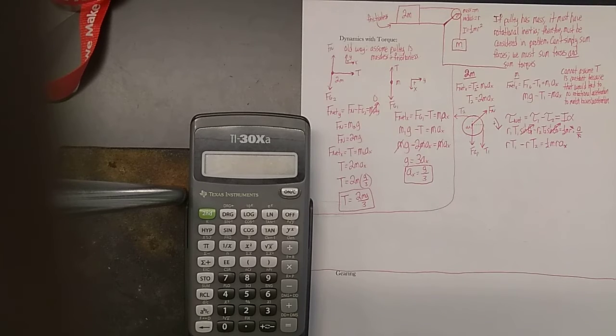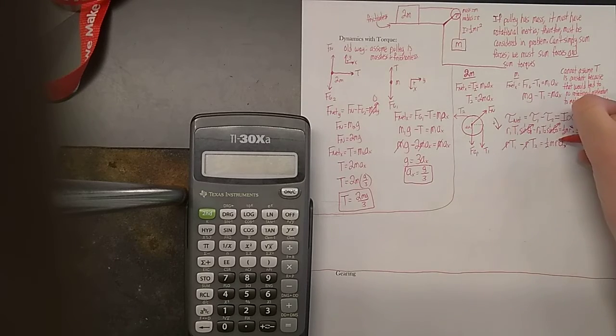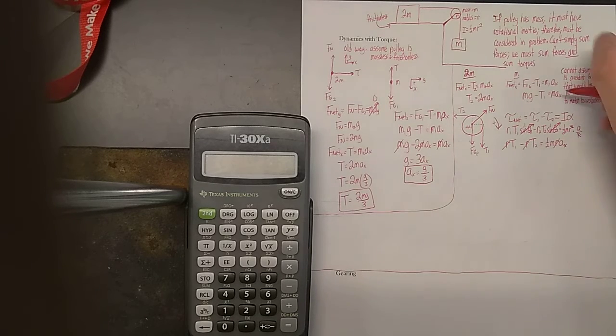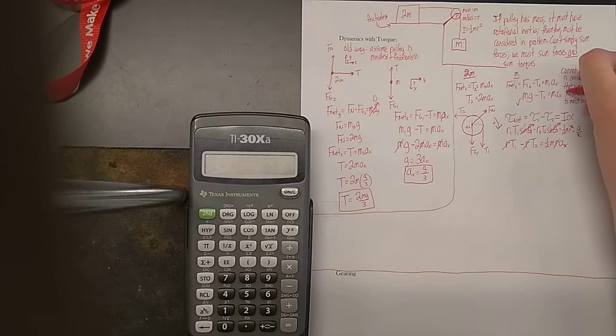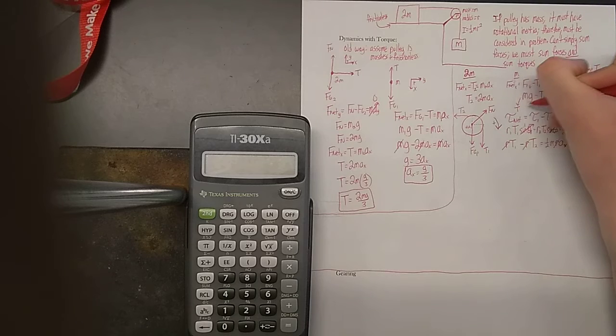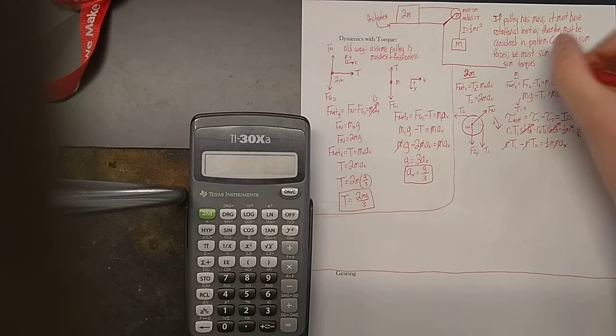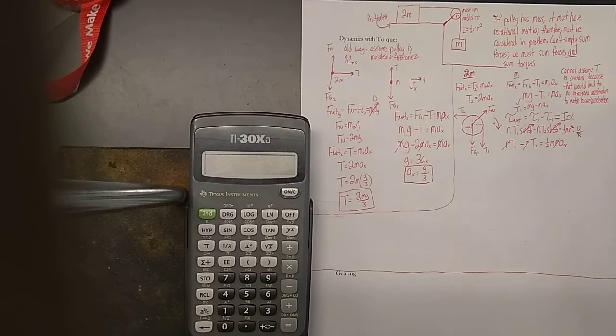Notice that I have an R everywhere. I can cancel those out. I'm left with T1 minus T2 equals 1/2 m ax. T1, if I do some rearranging, equals mg minus max.